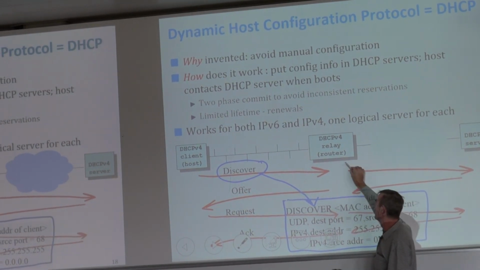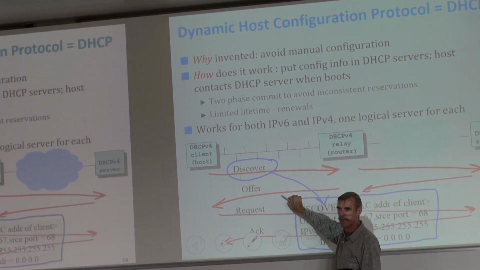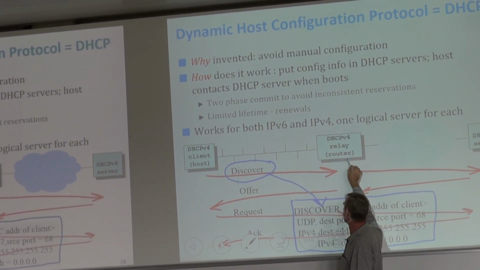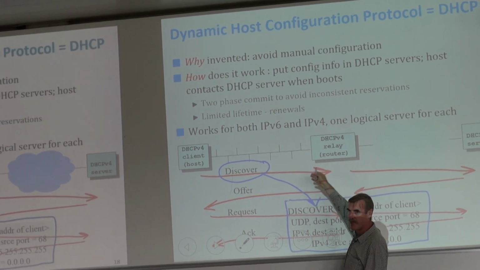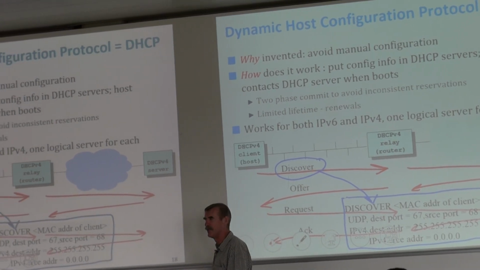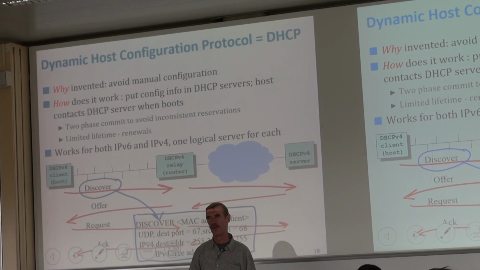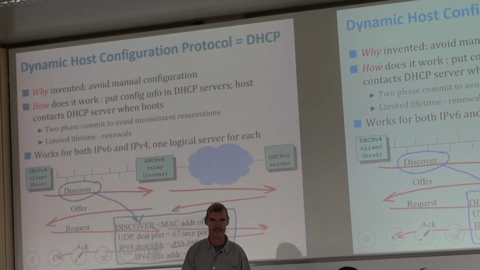So this one will receive it. Now it has an IP address in the reply, so it's able to respond as if it were the server. The main difference is that this relay function has no state information. It doesn't have a database of all the blocks of IP addresses. It just does a very simple job of forwarding on one hand and repeating on the other.